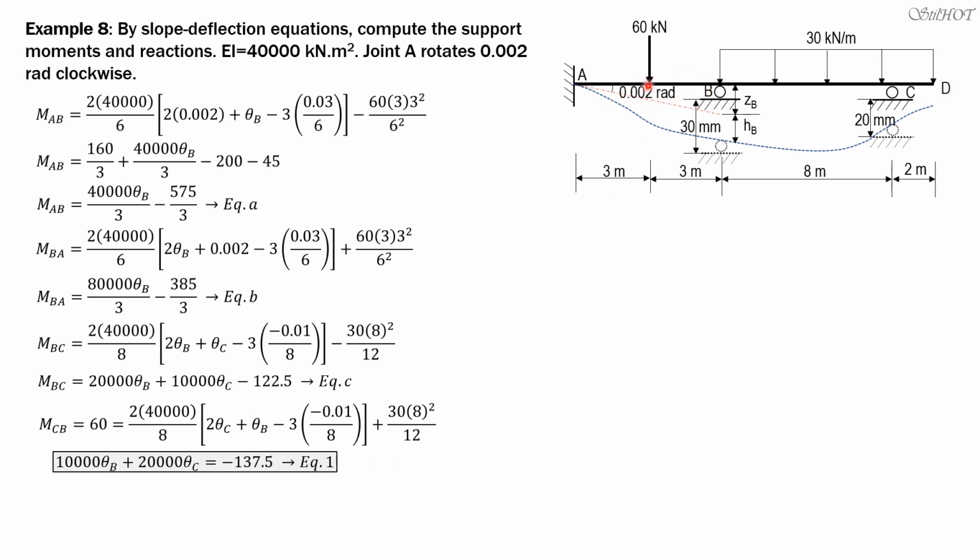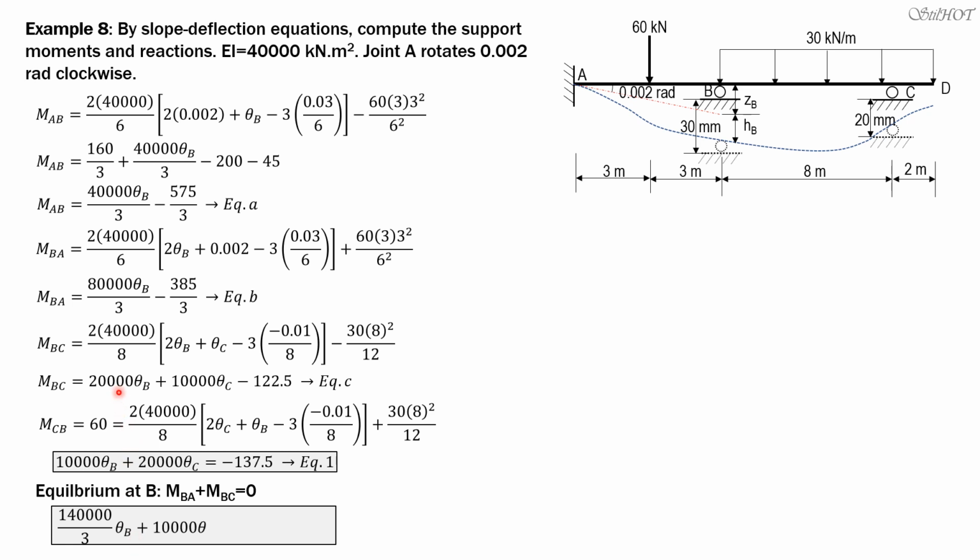Moment BA plus moment BC equals 0. Moment BA, 80,000 over 3 theta B minus 85 over 3 plus moment BC, 20,000 theta B plus 10,000 theta C minus 122.5 equals 0. So the result would be 140,000 over 3 theta B plus 10,000 theta C equals 1,505 over 6, equation 2.